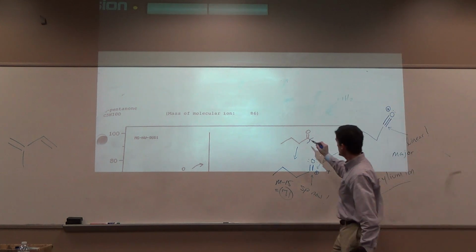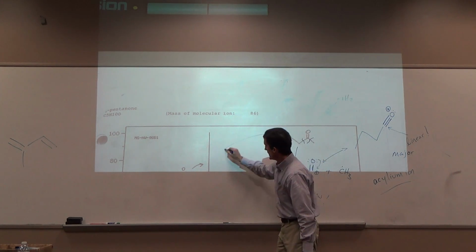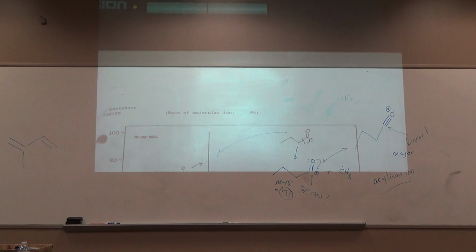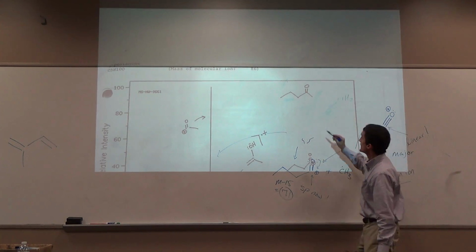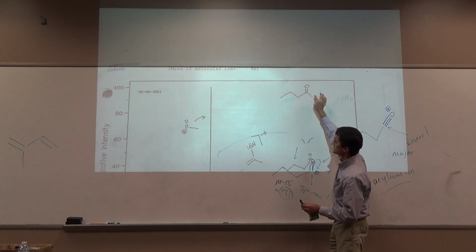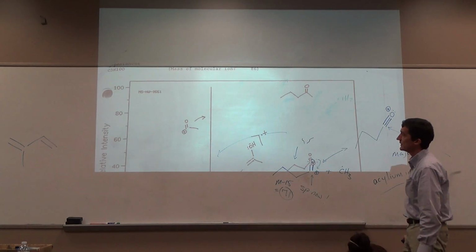See, we can also cleave on the other side. If we cleave on the other side, we get that acylium ion. We cleave over here, we get rid of all that and just make this acylium ion. You can show resonance structure of that.